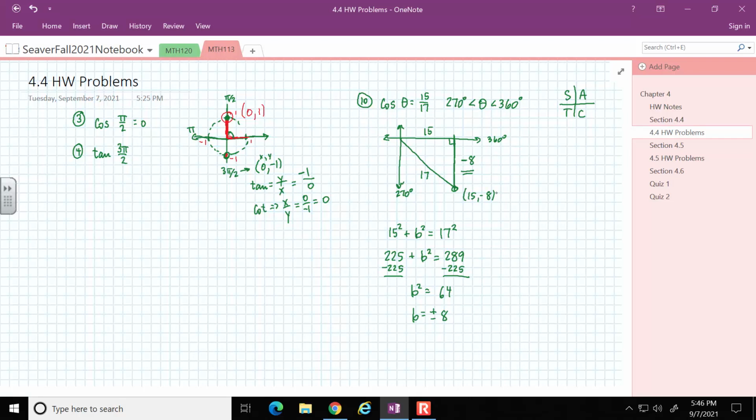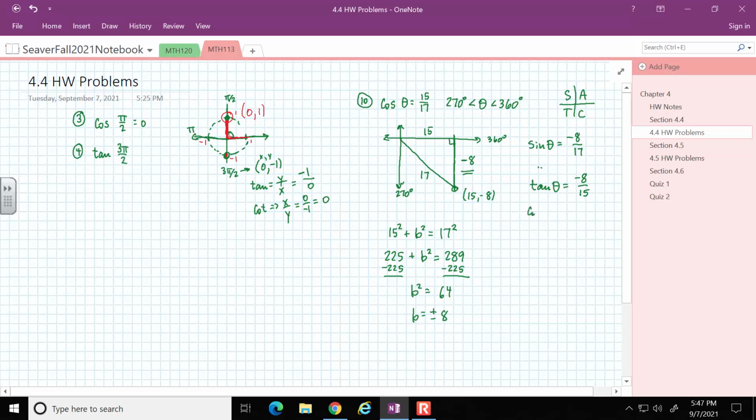Okay, so as I come in here and look at this, the sine of theta is going to be the opposite side over the hypotenuse, so negative 8 over 17. The cosine is given to me, but it is 15 over 17. Tangent of theta is the opposite over the adjacent side, so negative 8 over 15.